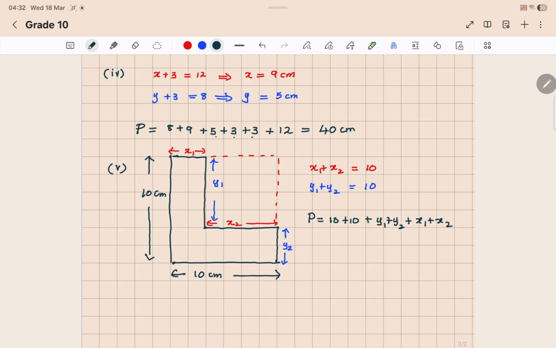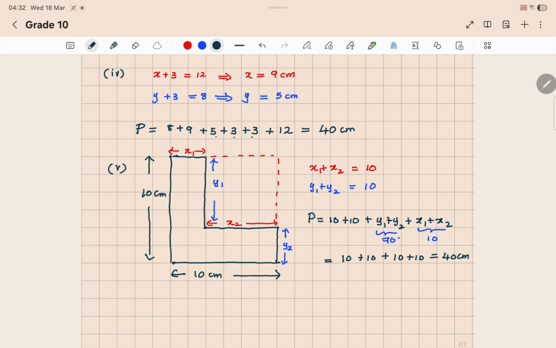Those are the sides. This we know is 10, this we know is 10, and x1 plus x2 is also 10. So 10 plus 10, another 10 plus 10, so 40 centimeters.